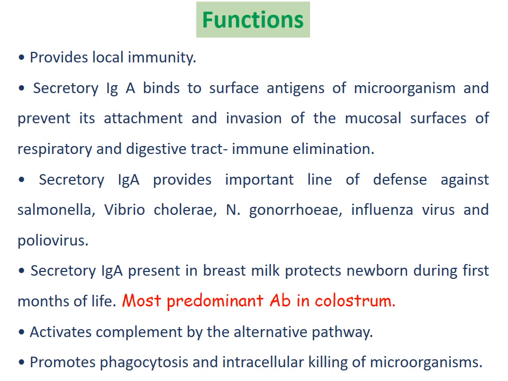That is the first dense, thick, yellowish milk, called colostrum, which is produced just after delivery, and this colostrum is a very potent source of IgA, okay, and gives protection to the newborn against various types of infection. Now it activates complement not by the classical pathway, okay, but by the alternative pathway, and promotes phagocytosis and intracellular killing of microorganisms.